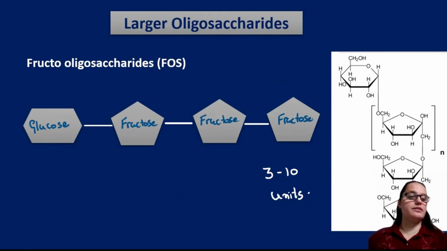These are actually the sugars which are added, and they have a low glycemic index, they have a sweet taste, and they act as prebiotics because they don't get digested. They act as fibers rather than acting as sugars in our bodies. They act as prebiotics because they are not absorbed by our small intestine, and in fact the good bacteria in our gut feed on them. That's why they act as prebiotics.